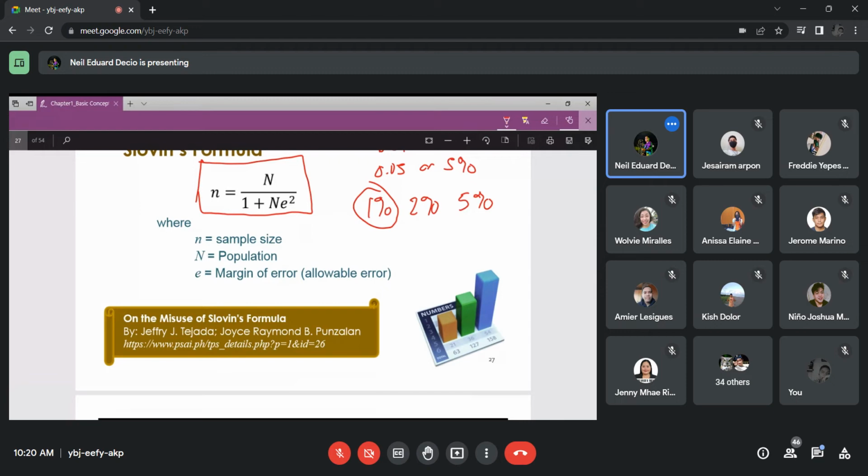So we have simple random sampling, systematic sampling, stratified random sampling, cluster sampling, and then multi-stage random sampling. Do you have any questions so far about those sampling techniques? So for you, which do you think is the most efficient sampling technique?